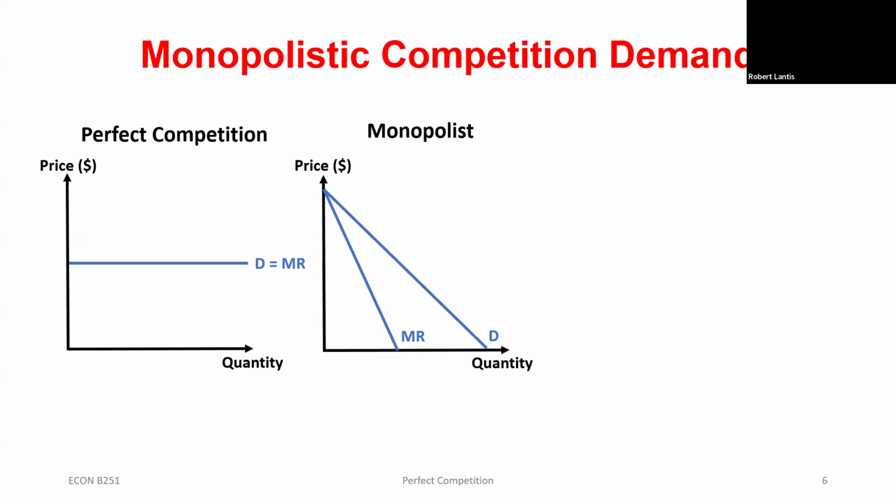A monopolist faced the entirety of market demand. So the market demand curve, even in a perfectly competitive world, the sum of every firm's demand curve, will still be downward sloping. That's how we identified what that equilibrium price was that then created the demand for each firm. So a monopolist faces the entire demand curve.